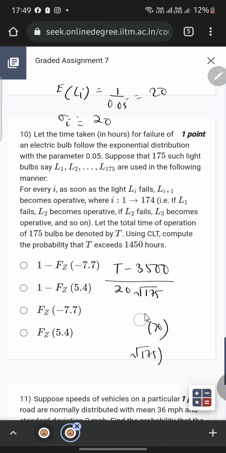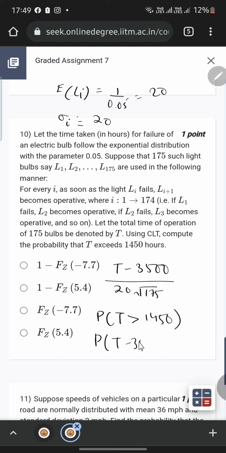So to find the probability that T is greater than 1450, it would be probability T minus 3500 would be greater than minus 2050, right?